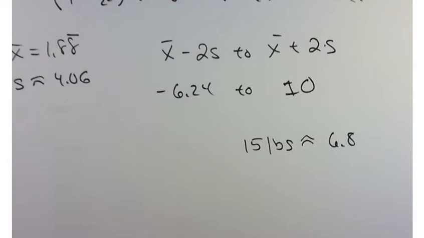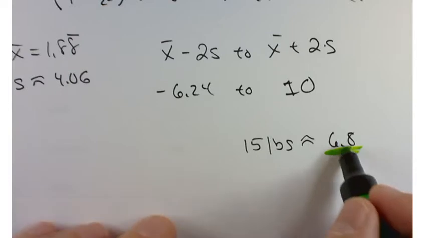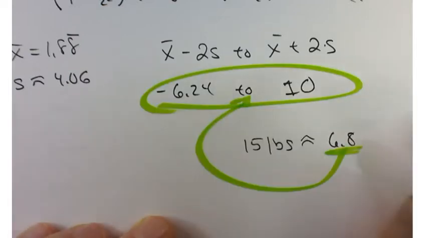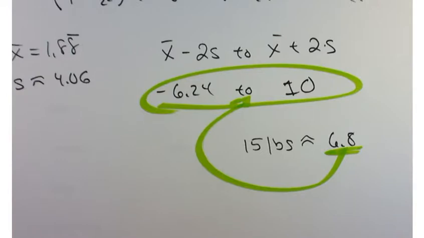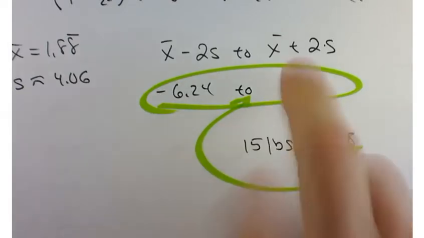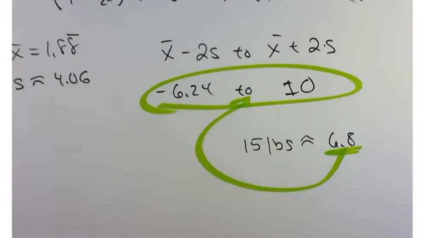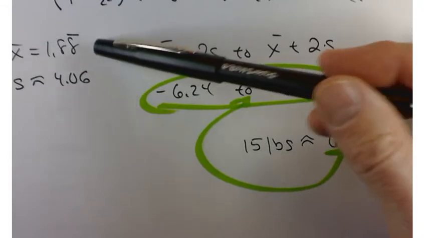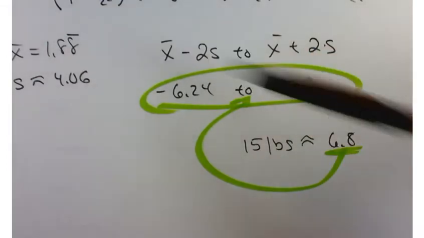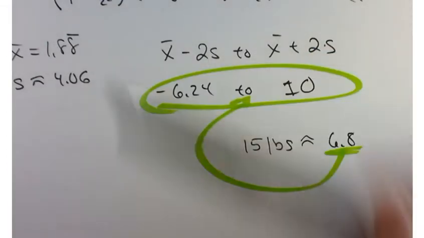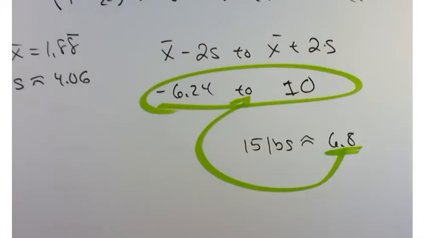No. 15 pounds, basically 6.8 kilograms is within that range. So a 15-pound or 6.8 kilogram weight change is not atypical. It can happen. Now there's a lot of variability in our data set. It seemed like 15 pounds would be a little bit high, but it's not completely unusual.